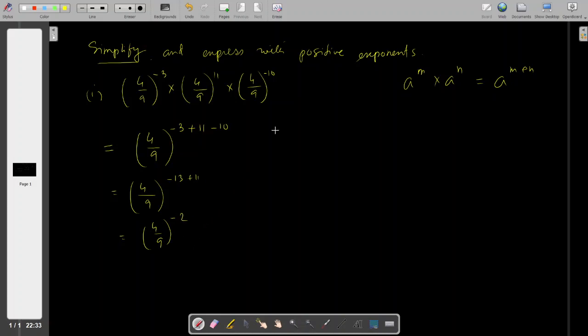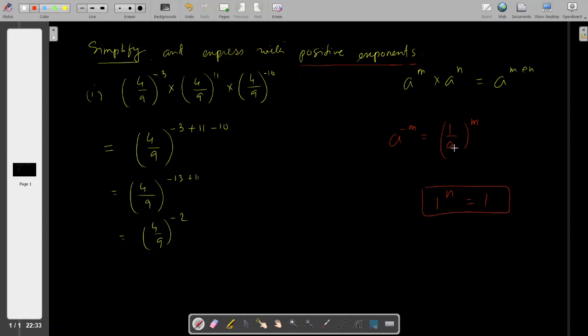Now see what they have asked you. They have asked you to express in positive exponents. Now, we had a to the power minus m. If I want to make it positive, I write it like this: 1 by a to the power m. 1 to the power anything will always be 1, just remember it.